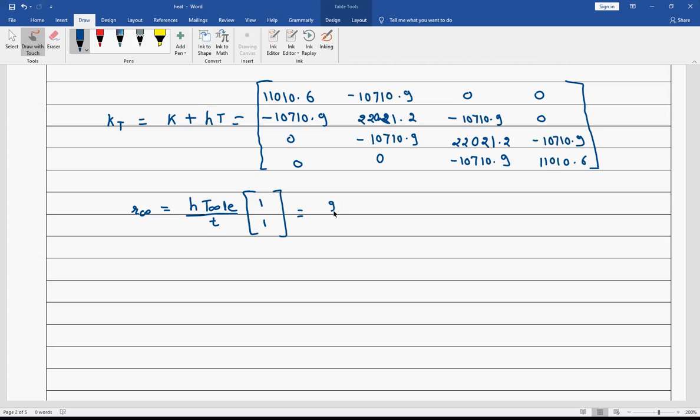This will be equal to h is 9, T ambient is 20 degrees Celsius. Length of element is 3.33 into 10 to the power minus 2, and the thickness is 0.1 into 10 to the power minus 2. 1, and from the connectivity table this is 1, 2. Okay, so just let me know these values please.